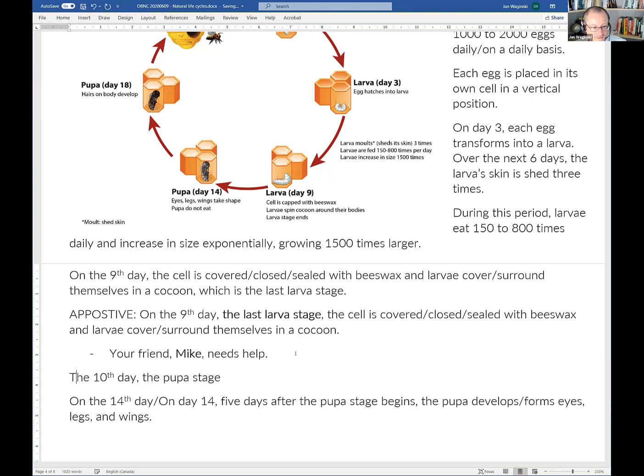Or we can say the 10th day is the beginning of the pupa stage. Now put that detail in. We're going to use a relative clause starting with a preposition.